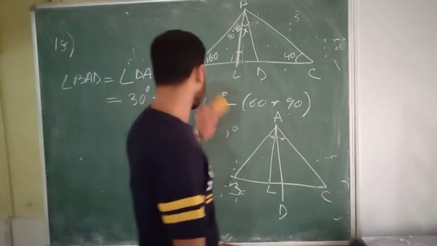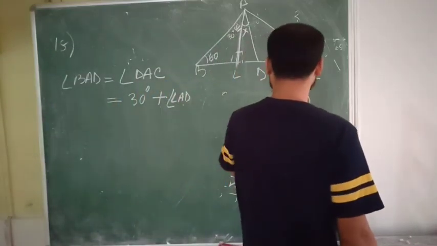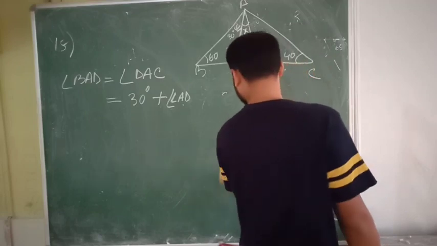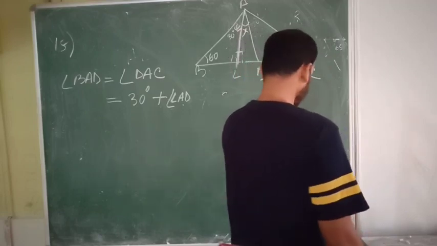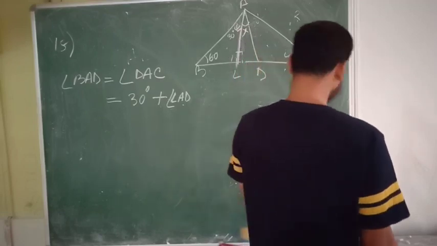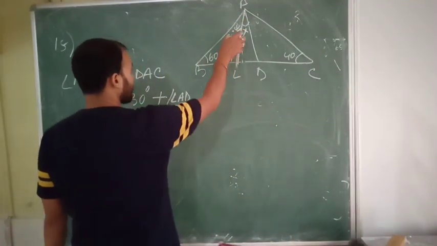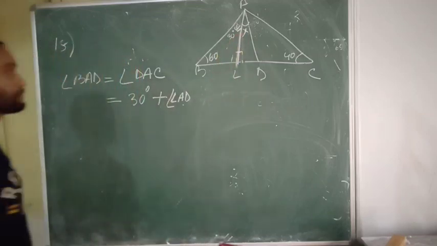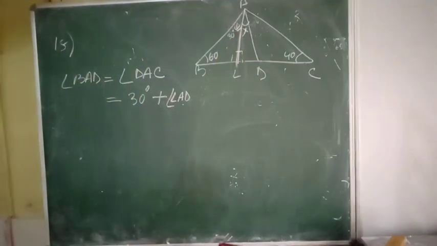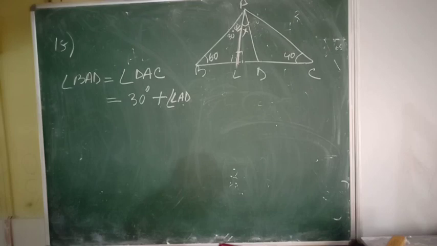A small hint is given in your copy, but in your book, you have to understand how it is forming. First of all, we are doing this. BAD is equal to 30 degree plus angle LAD. Fine. In your page the triangular property is given, but you should understand this. They have not given it so simply. For understanding this, you have to know certain things.